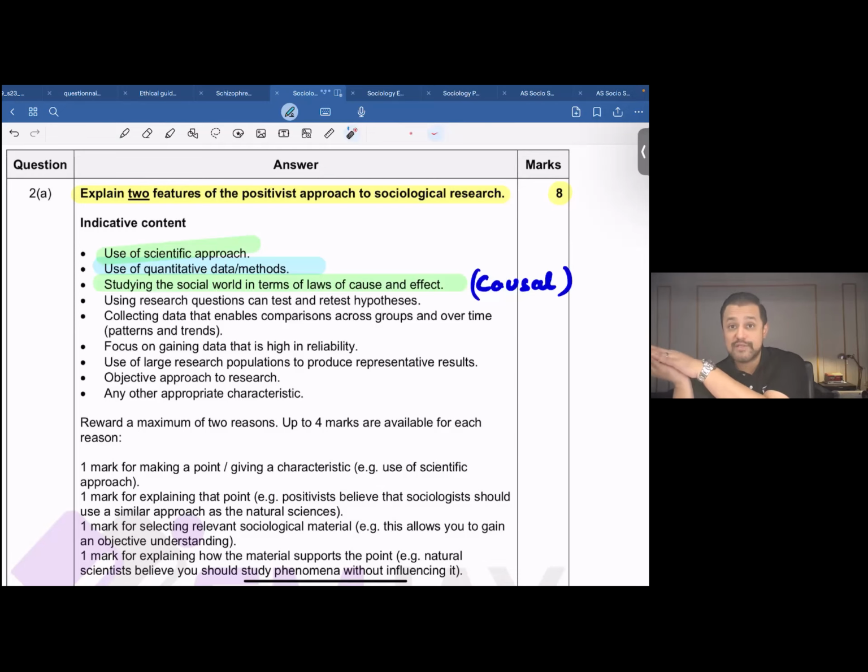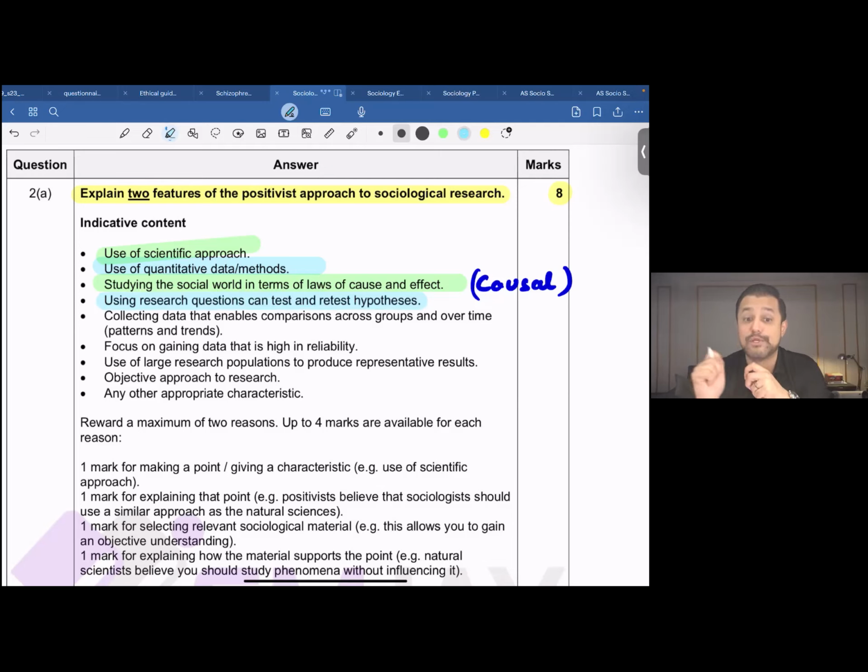So positivists strongly advocate the idea of using natural science methods. Positivists believe that the social world should be studied in terms of the cause and effect laws that are used in natural sciences. Number four, according to the positivist approach, research questions should be used to test and then retest hypotheses.